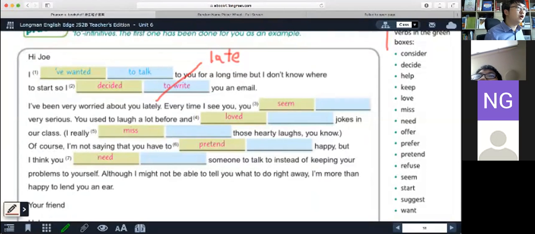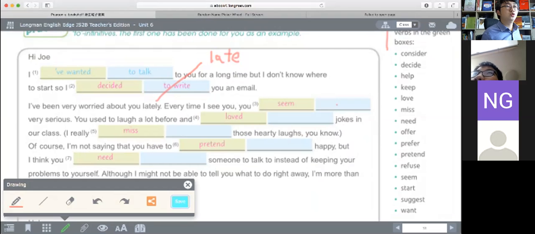Okay. So let me move on. Every time I see you, you seem. So for seem, we have to use to infinitive or gerund. To infinitive. So here the answer is you seem. Okay. So let me show you the answer.